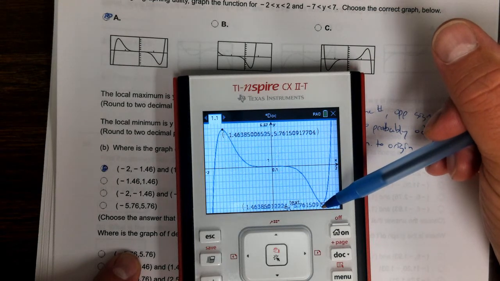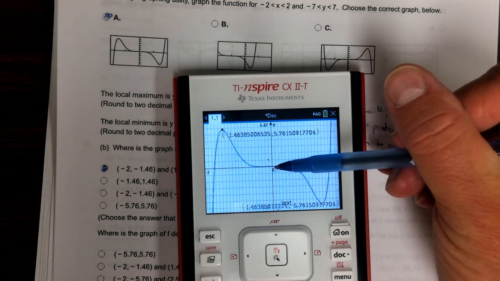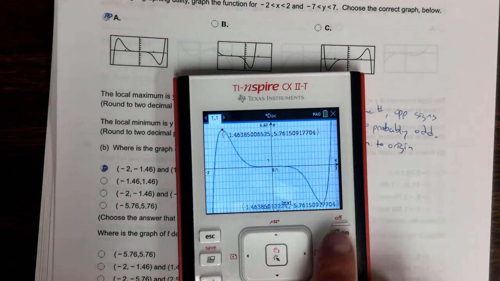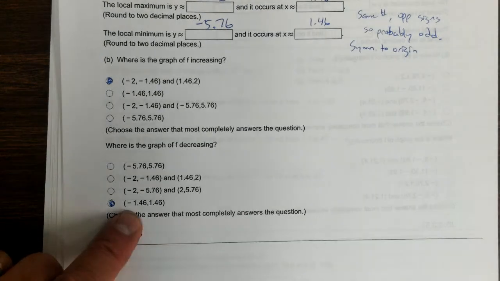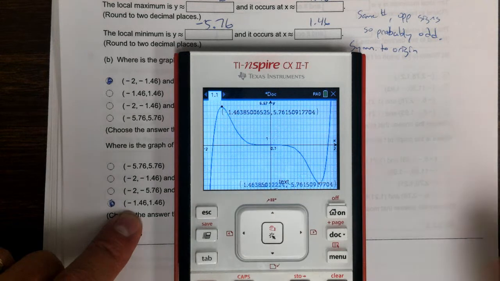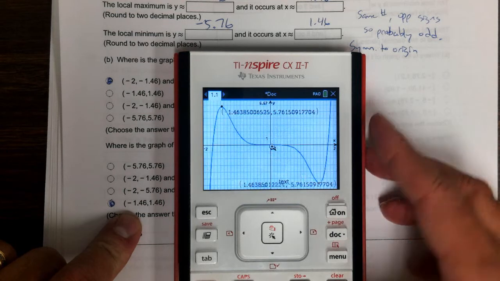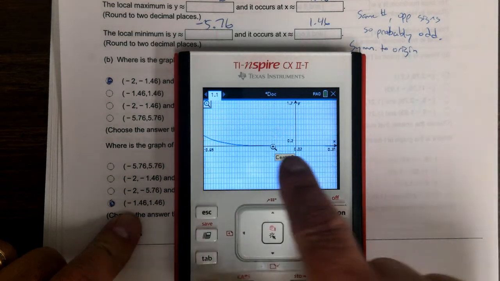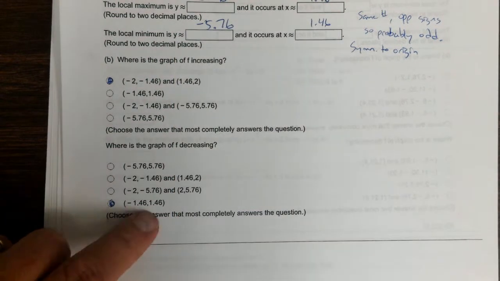Don't overthink it and say that it stops decreasing here, because it really goes down further and further. So from -1.46 to 1.46. I guess technically, if you want to zoom in and trace, you could see it's getting smaller and smaller. I just keep it simple, and that's what it is.